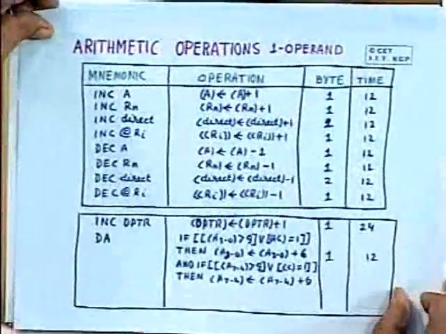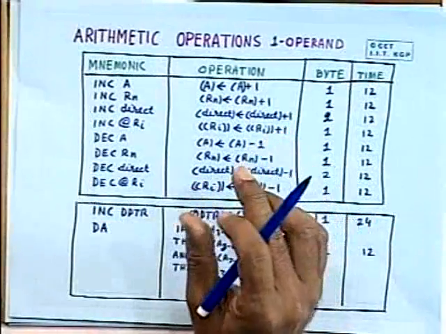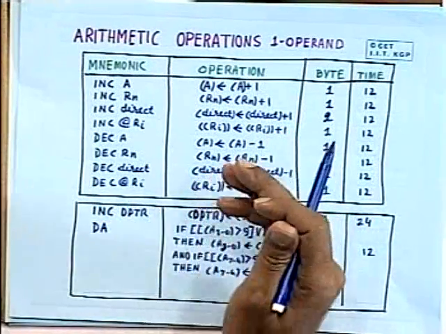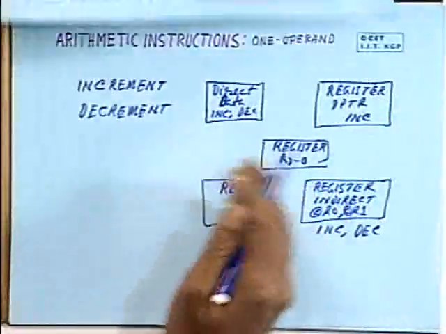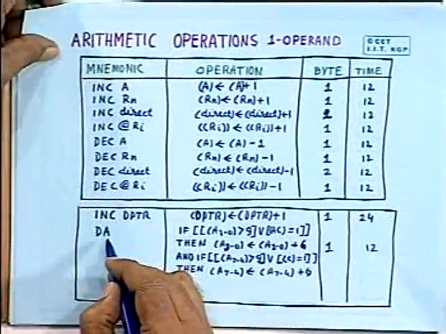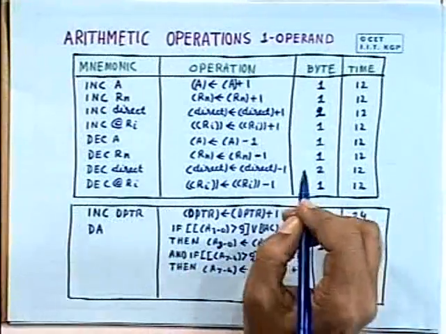In addition to this, there is another single operand instruction available in the form of DA, decimal adjust accumulator, which is shown here as DA. It is provided to support BCD arithmetic.